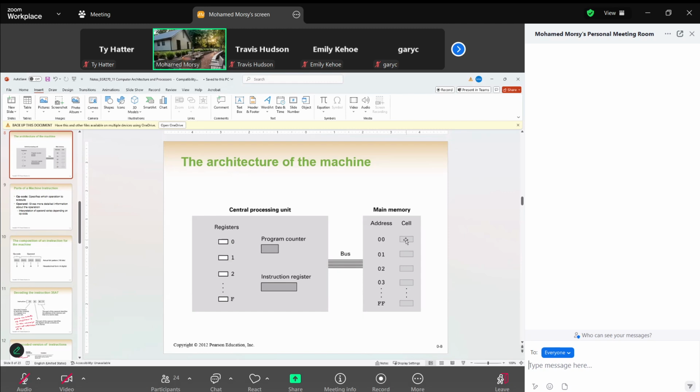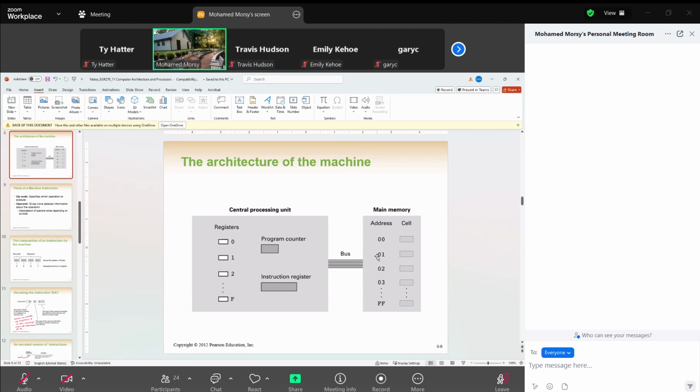Each memory cell has only 8 bits, and the instruction is 16 bits. This means for one instruction, we need 2 cells. So one instruction is stored in 2 cells, like the first instruction, stored in the cells with address 00 and address 01.